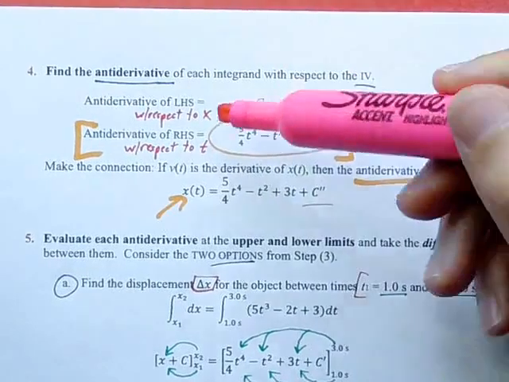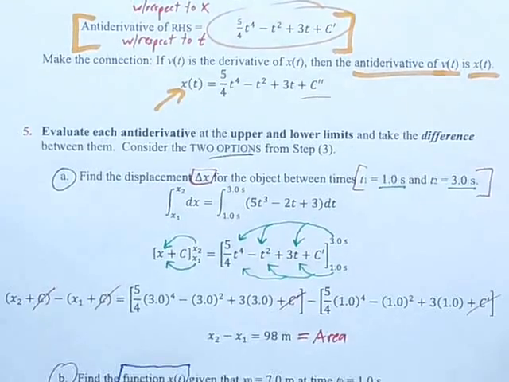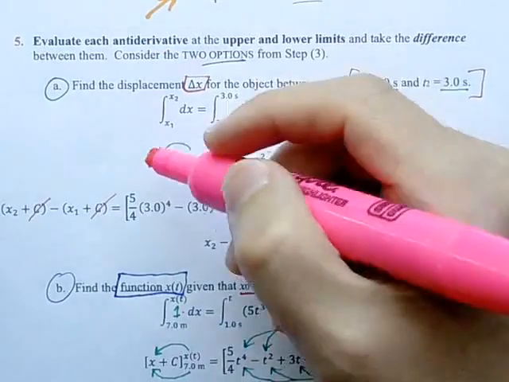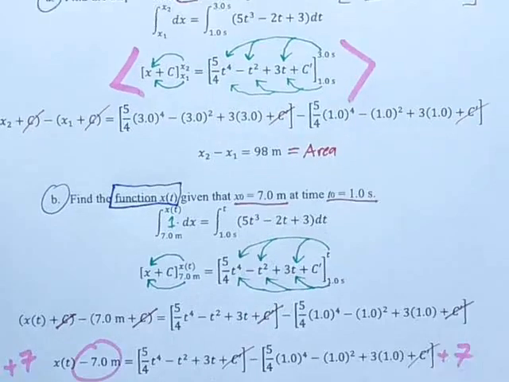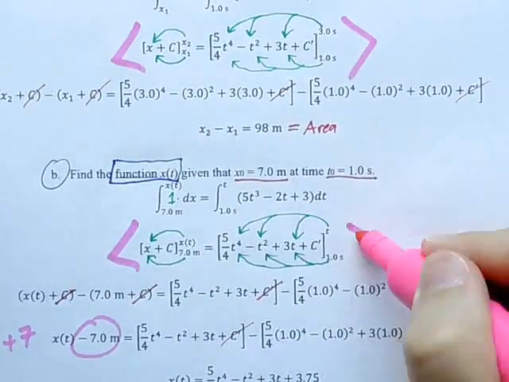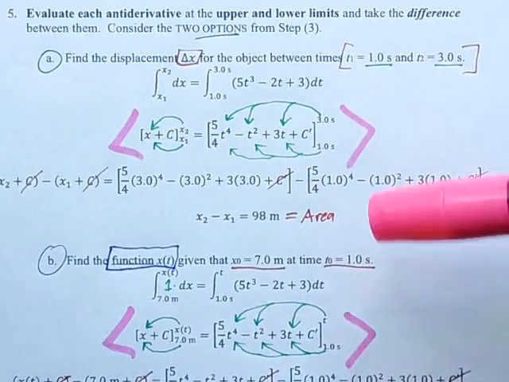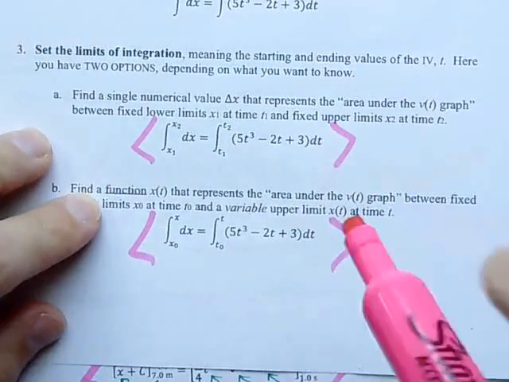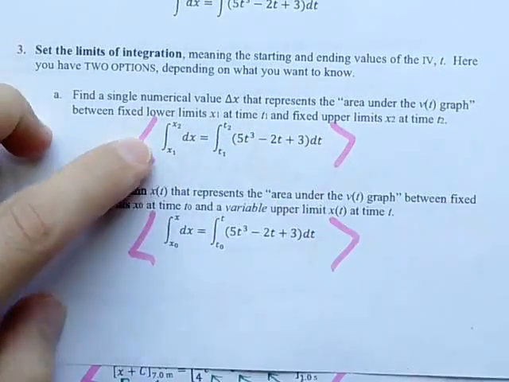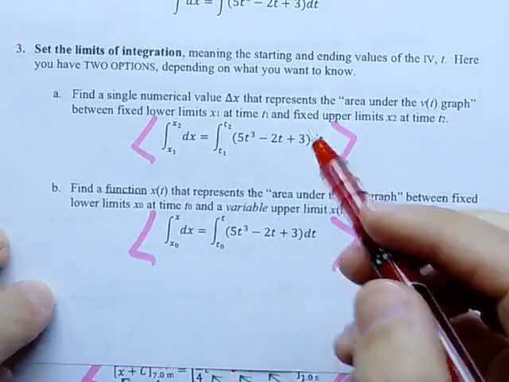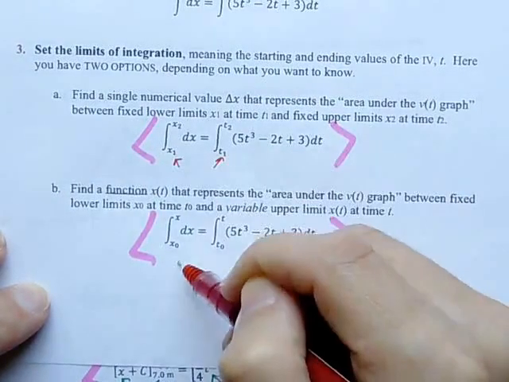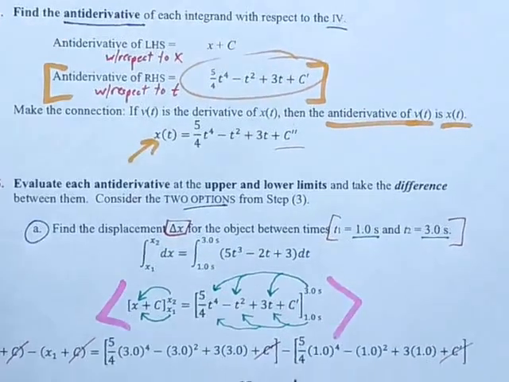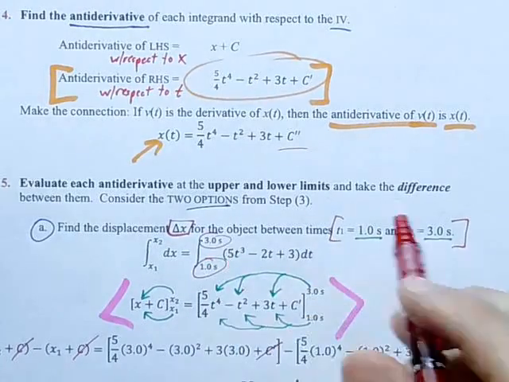Then I'd say after that, you don't need to show separately these antiderivatives. I'd say the next thing that could be on your page would be this line or this line, depending on whether you're doing option A or B. So after showing your two integrals with your limits, and actually you should have the numerical values plugged in for the limits if you're using numerical values, like let's say here where I've got the 1 second, the 3 seconds, you should have those plugged in.